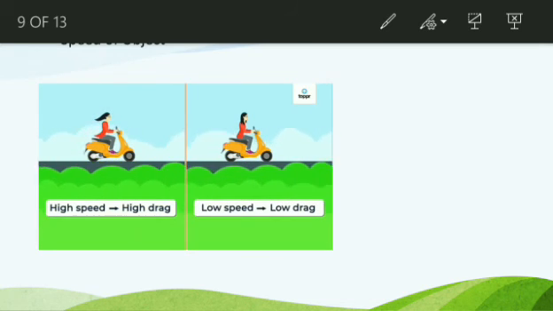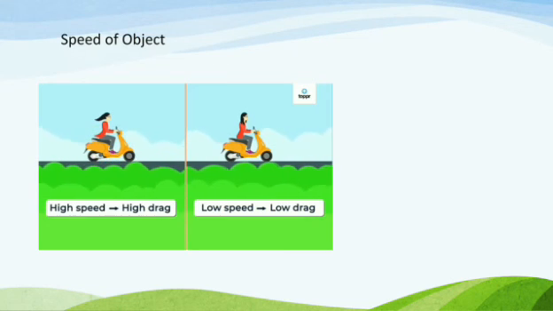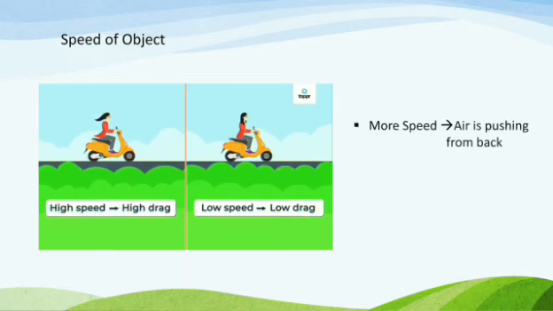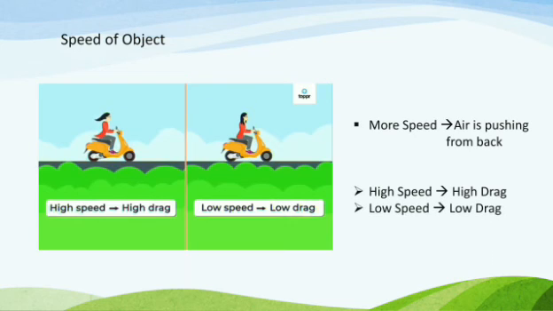With more speed, air is pushing from backward. High speed means high drag, which means high fluid friction. Low speed means low drag. We see this in the video clip.